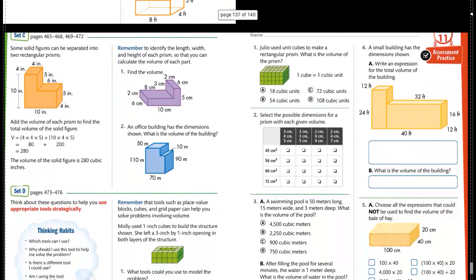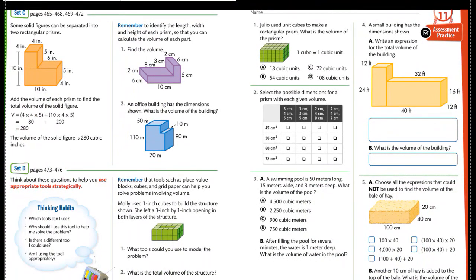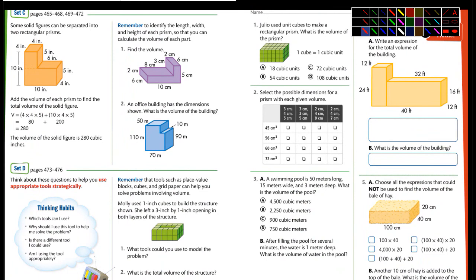Let's see here. Set C. You guys should be able to do that. There's a couple different ways you could look at this figure. One would be to just extend this piece here. So this is a solid piece.